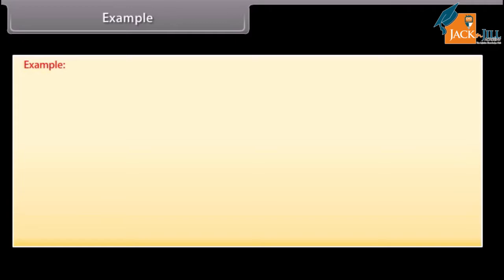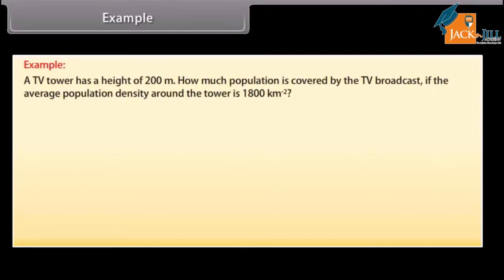Example. Let's take an example. A TV tower has a height of 200 meters. How much population is covered by the TV broadcast if the average population density around the tower is 1800 per km squared?